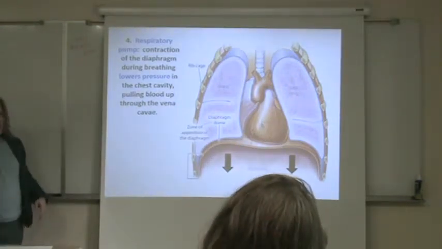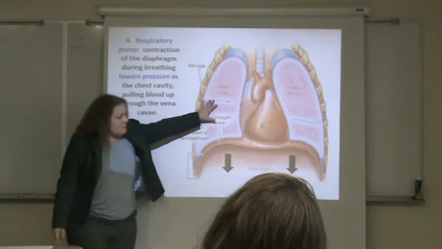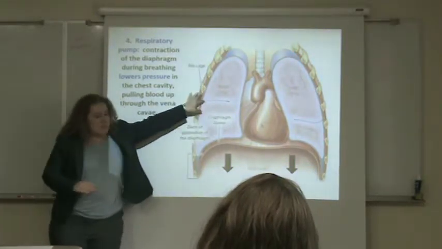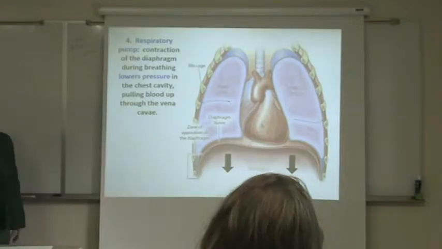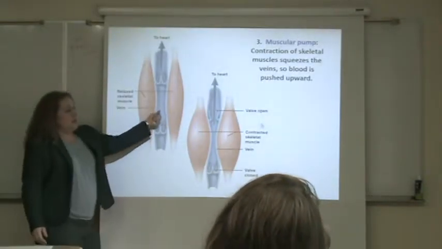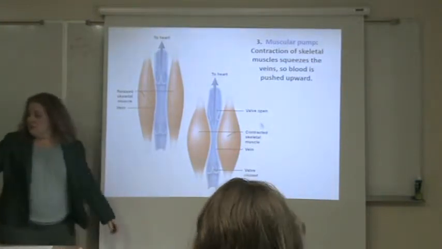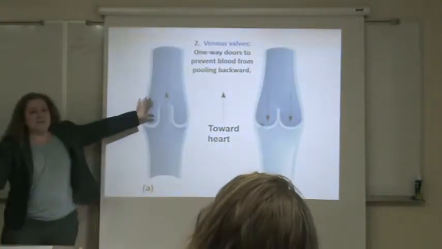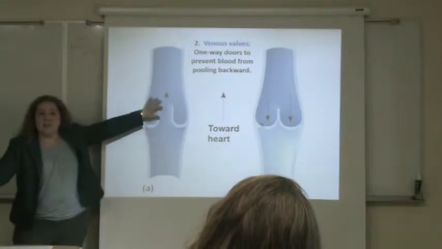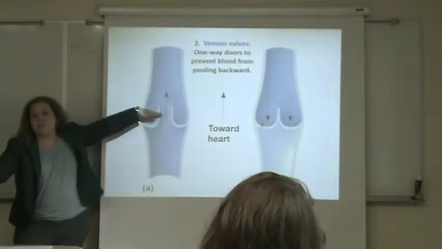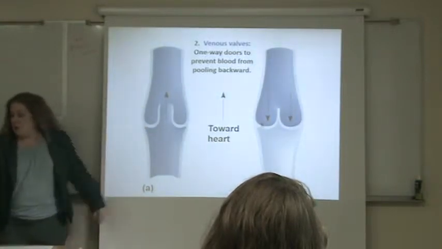So all of that together, you're sucking up blood upward toward your heart because your chest cavity is at low pressure. You are squeezing blood up if you're contracting your muscles. That's muscular pump. You have valves to help you. Once blood has gotten past the valve, it'll stay at least to that level while these other mechanisms help.